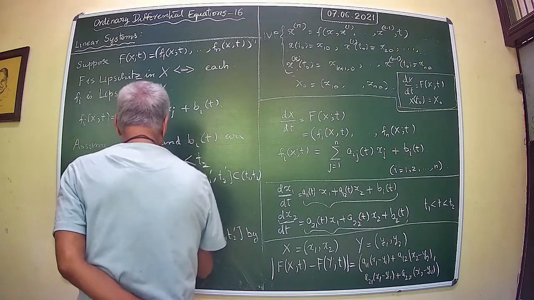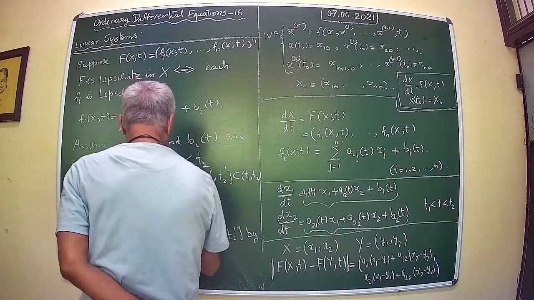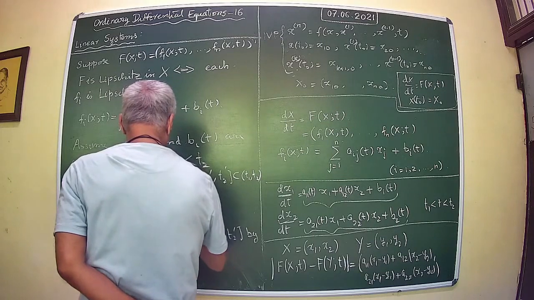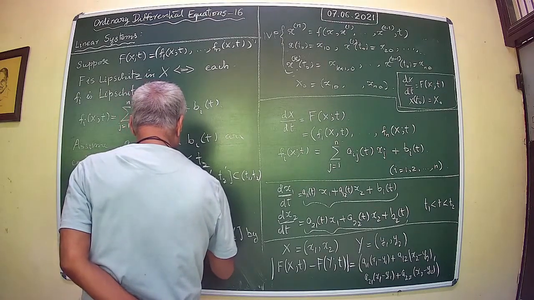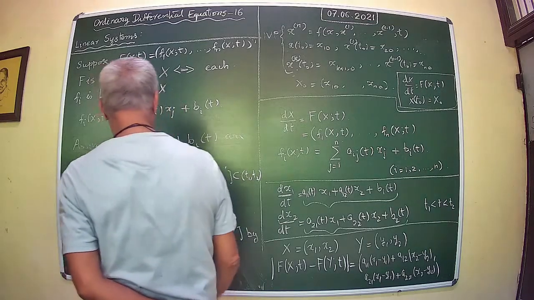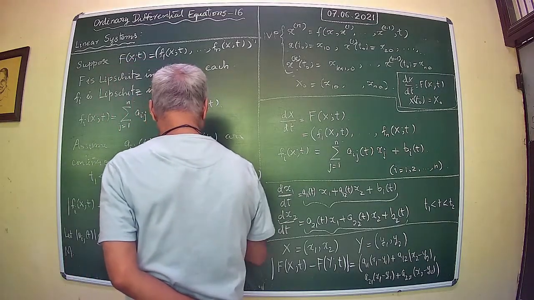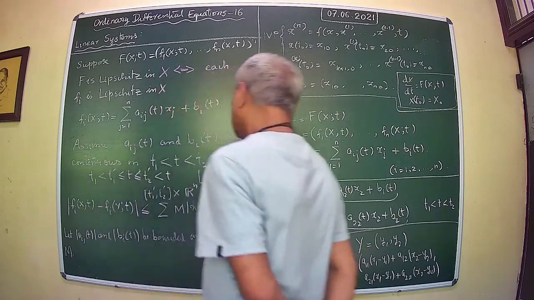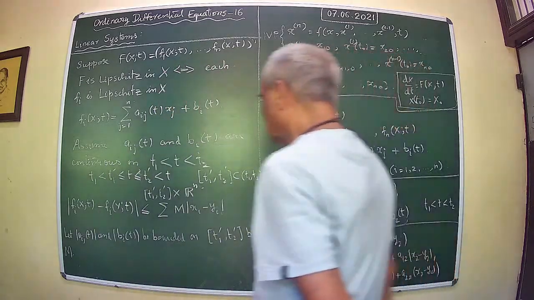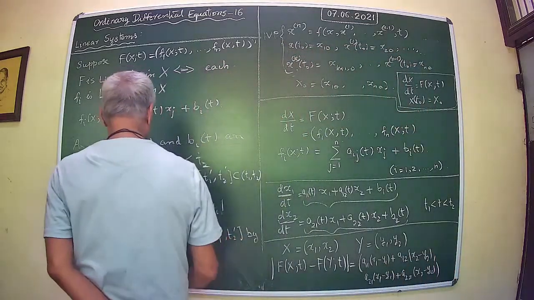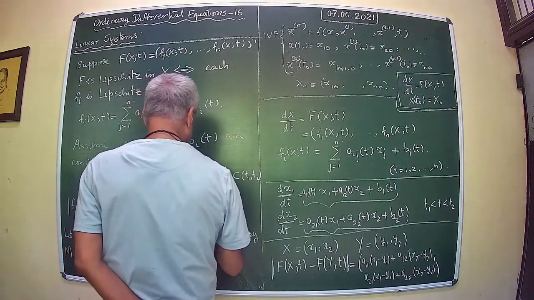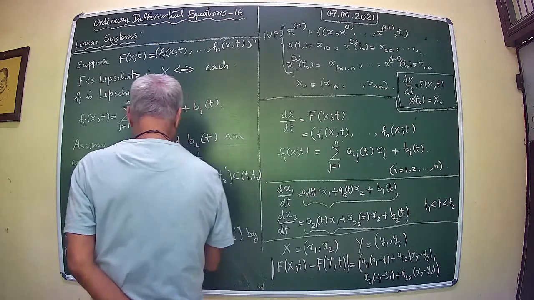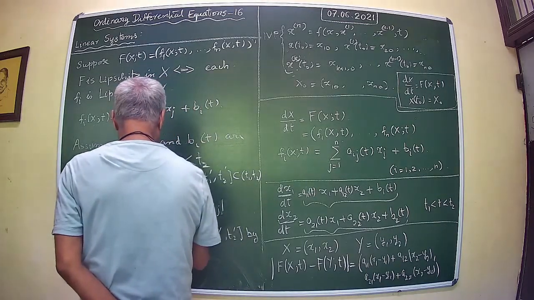m, sorry, it is x_j minus y_j, j running from 1 to n.